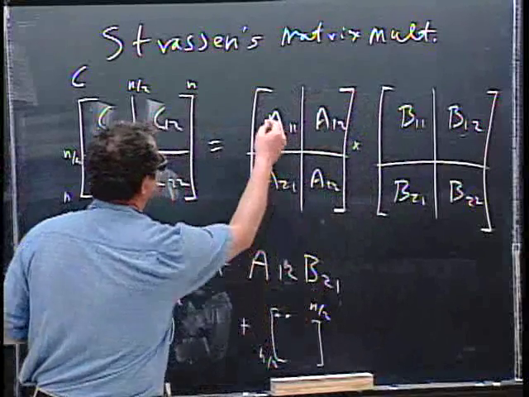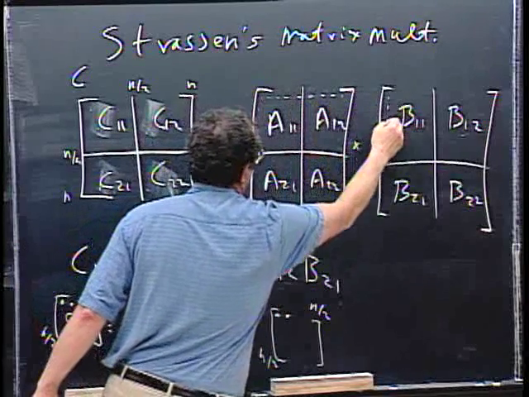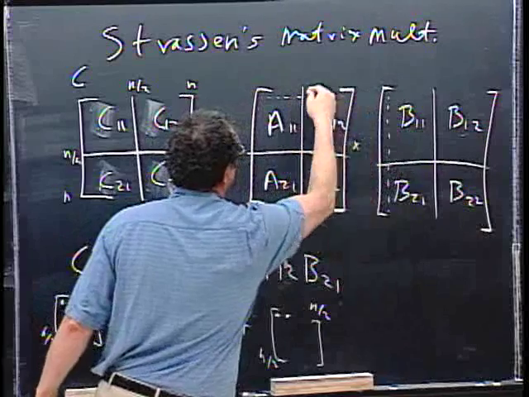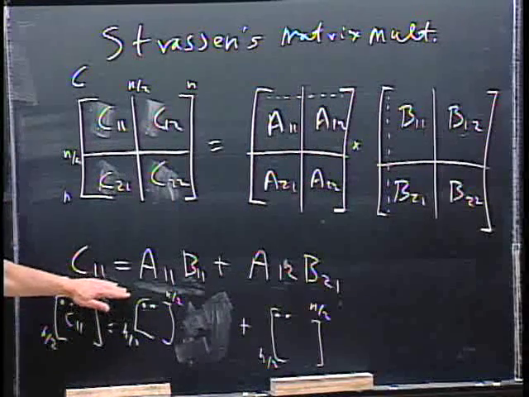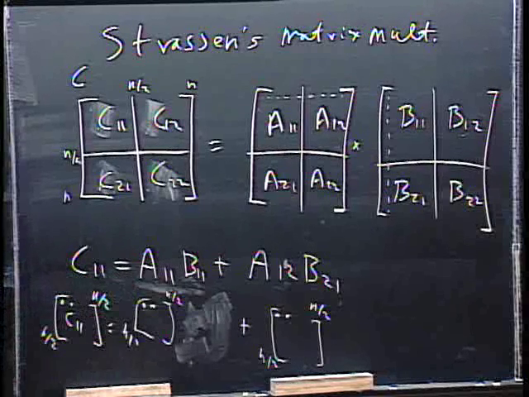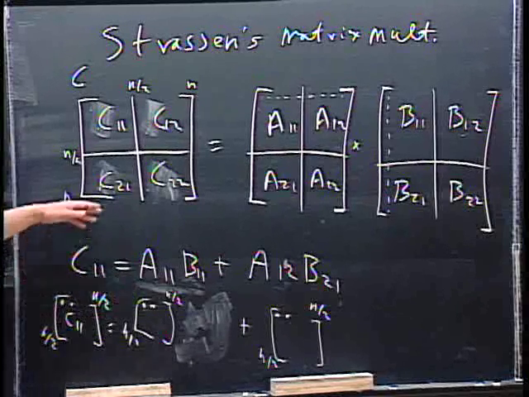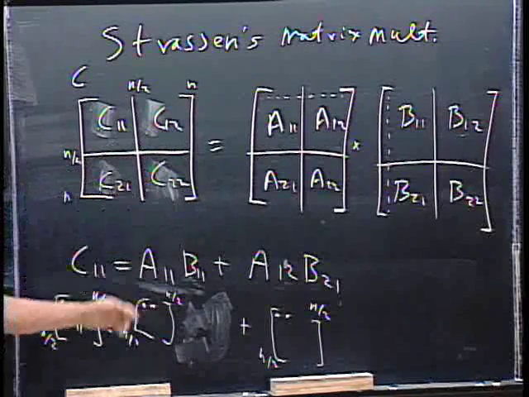But that's exactly the same thing as doing the multiplication of this entire row by this entire column, and then doing the additions. So this works out. You should feel comfortable with this. And similarly, we can describe C12 that way, C21 that way, C22 that way.